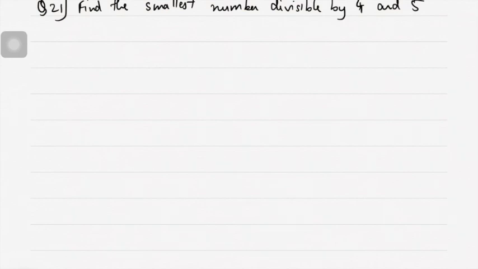Whenever in the question smallest number divisible is asked, that means they are asking you to find LCM.